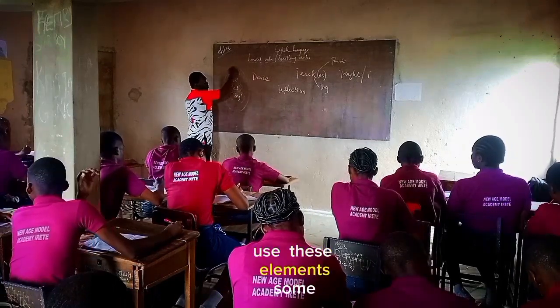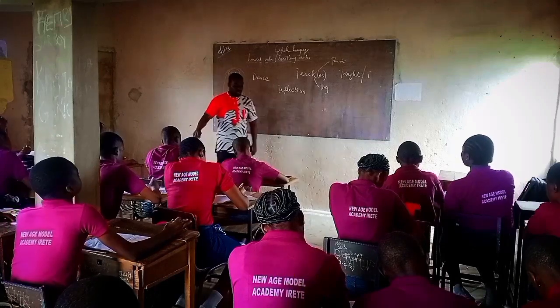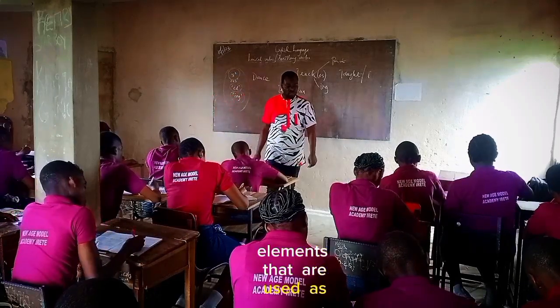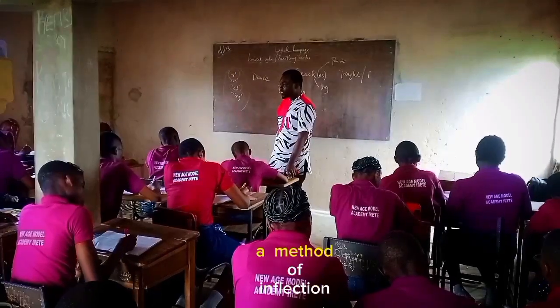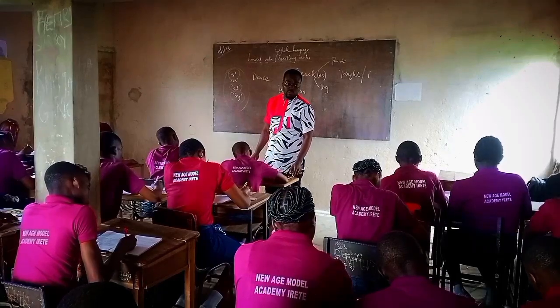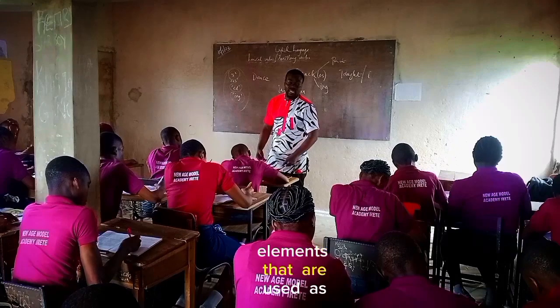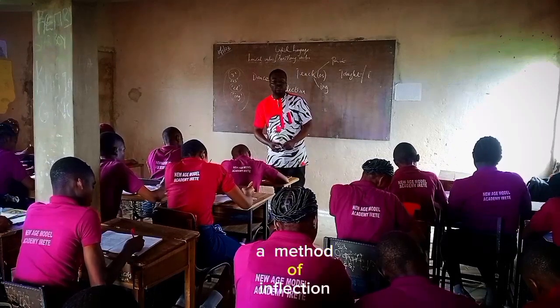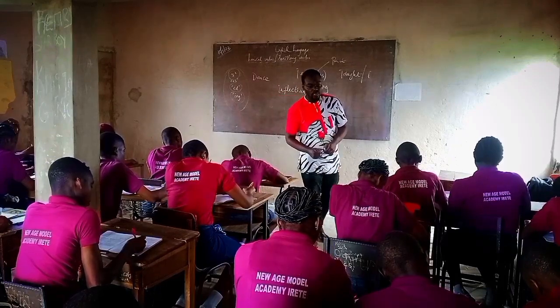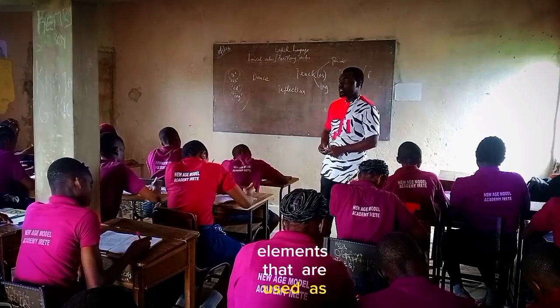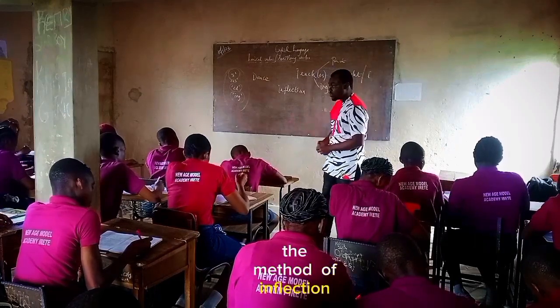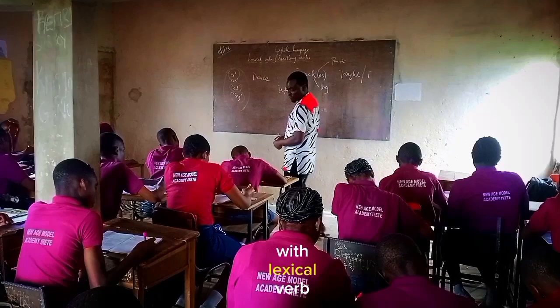Write down the elements that can be used in inflection when a verb is concerned. Let me give you a topic: elements that are used as a method of inflection with a lexical verb.